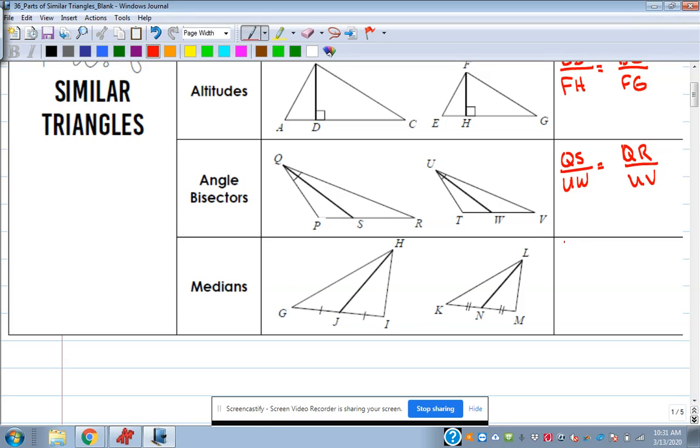So we'd have HJ over LN, and then one of the other corresponding sides, so HI over LM would work. It's just a pair of corresponding sides. Easy stuff.